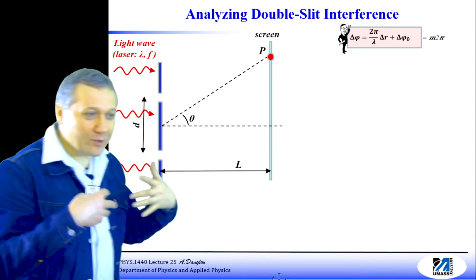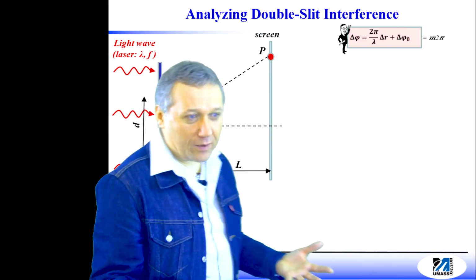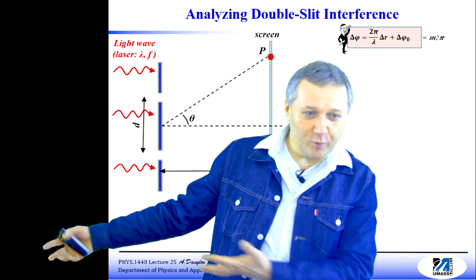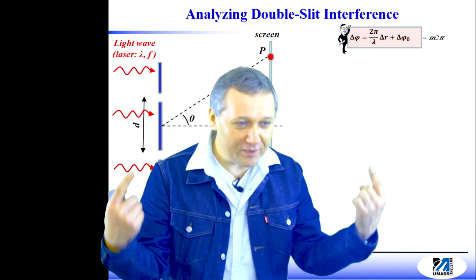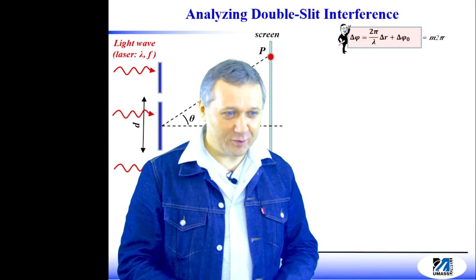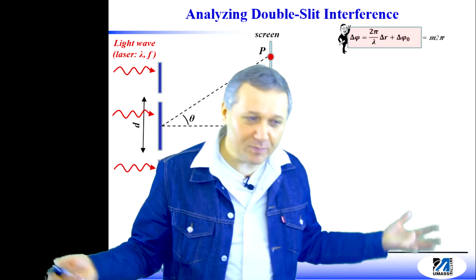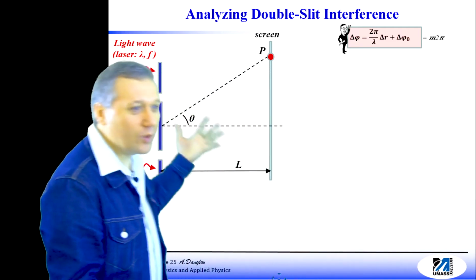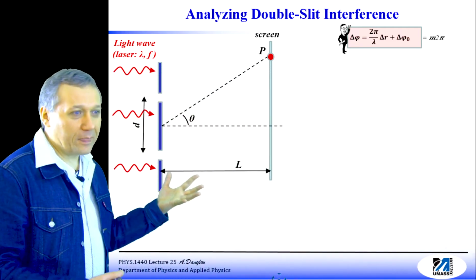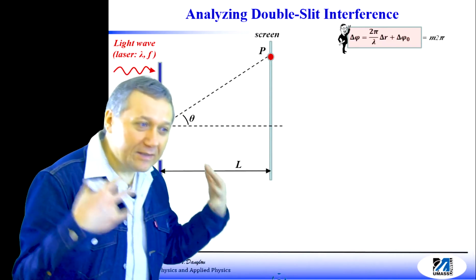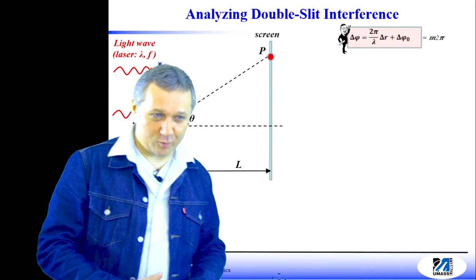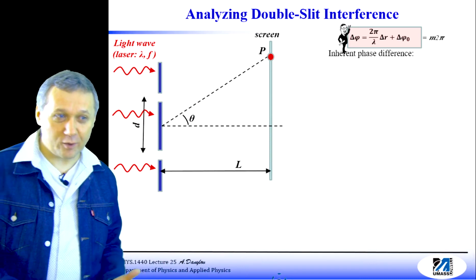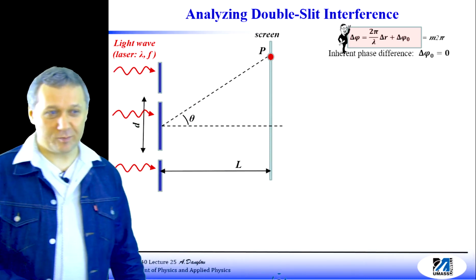Since the origin of these two lights is the same, the same laser light, of course they have exactly the same initial phases. So the inherent phase difference must be zero. These two sources are in phase, identical sources, so delta phi naught is 0.